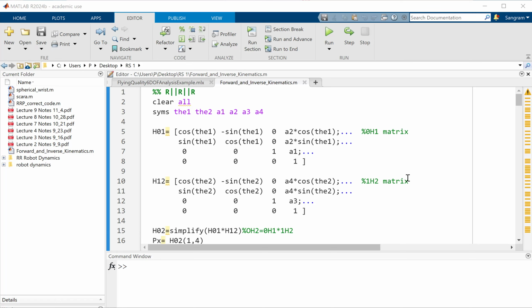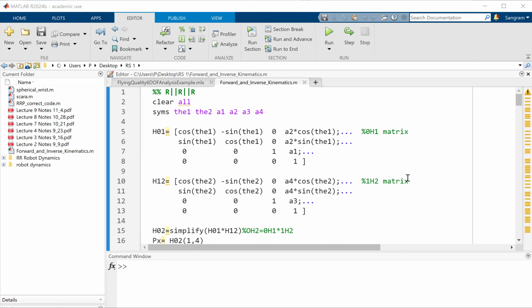Now let's understand line number 2: we are clearing all because we don't want anything in the memory. Line number 3: I'm defining symbolic variables. Symbolic variables mean you don't have to supply a numerical value. MATLAB can treat that value as a variable, so it's like X, Y, Z. You don't have to specify a number.